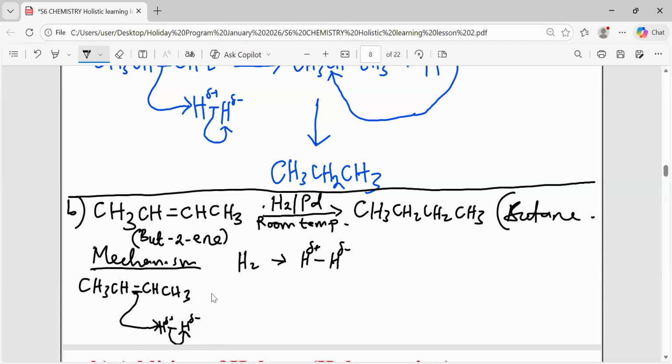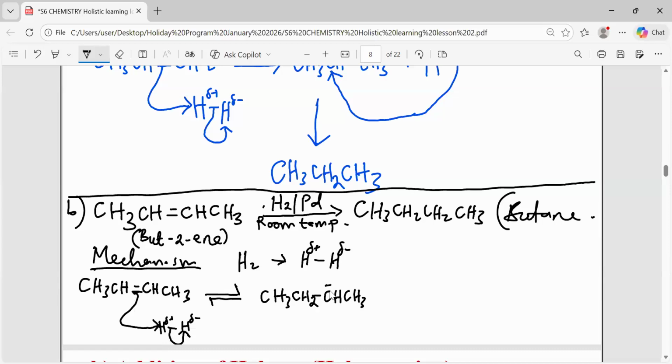Let's move faster now. So what do we form here? We have CH3, CH, CH2. This hydrogen is going to attach to this carbon atom, and you still have a single bond, CH, that is a carbocation.